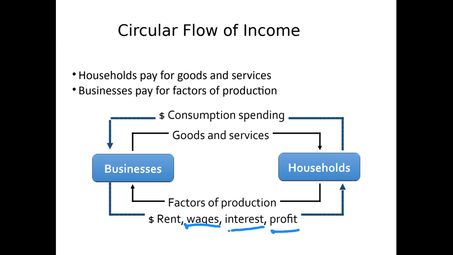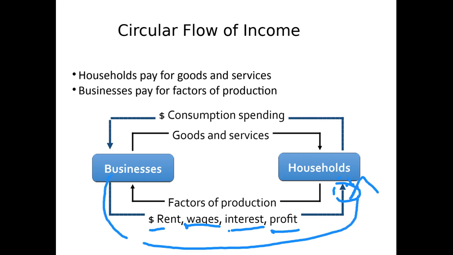And for natural resources, you are earning rent. Now look at the direction. This money is coming from businesses and going towards household sector. This is in dollar terms, right? That is why it is written here. So money is moving in this direction. Labor services, capital, enterprise, and natural resources are moving in this.